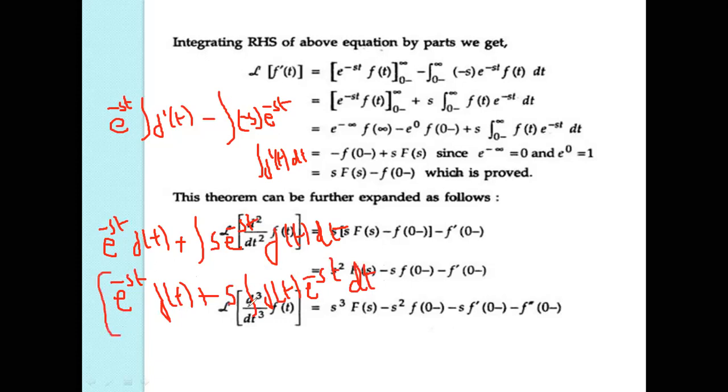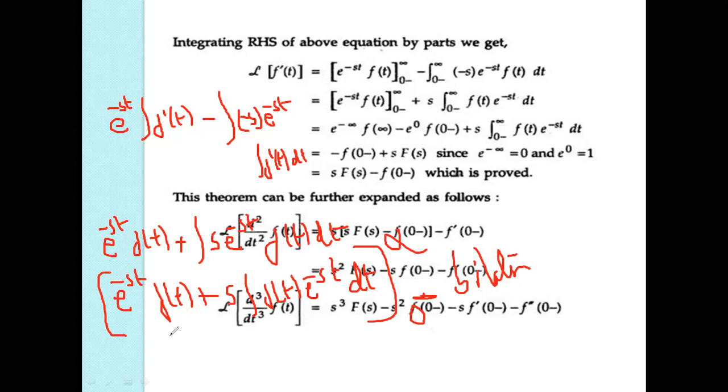So what are the limits now here? I'm taking 0 minus to infinity. Why is it 0 minus? 0 minus is for the unilateral function. So now I'm applying infinity here. E power minus infinity is 0. And here also e power minus infinity is 0 for the second function.